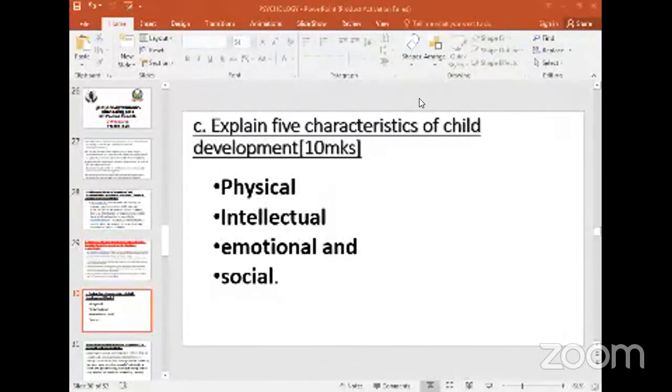What about the social aspect? How does the child or the individual relate with others? When we are talking about social relationships, there are those that may be having challenges with it, or they may be exhibiting some poor characteristics that become a problem to social relationships between the individual and others.